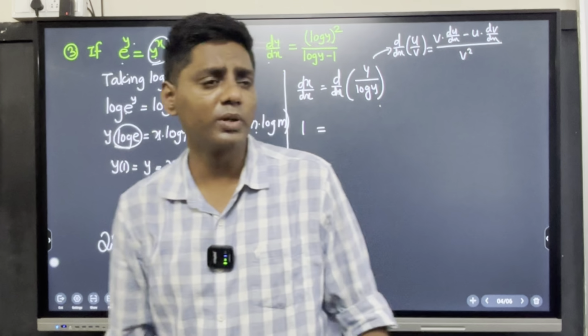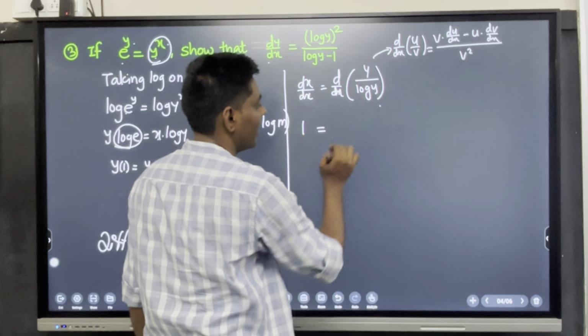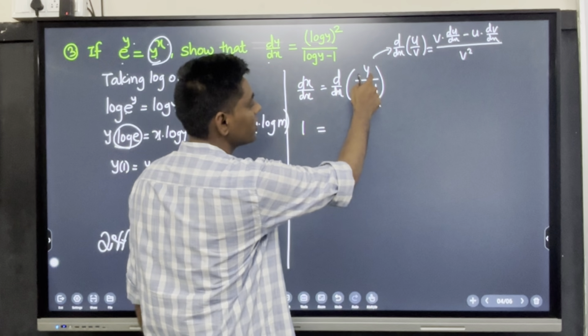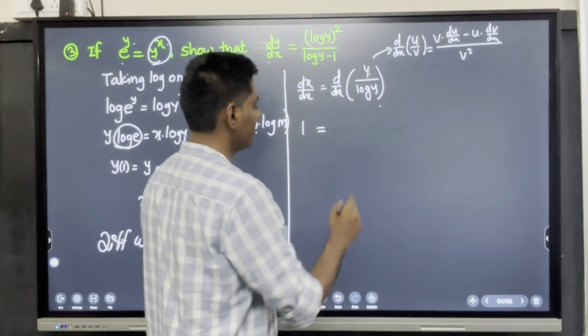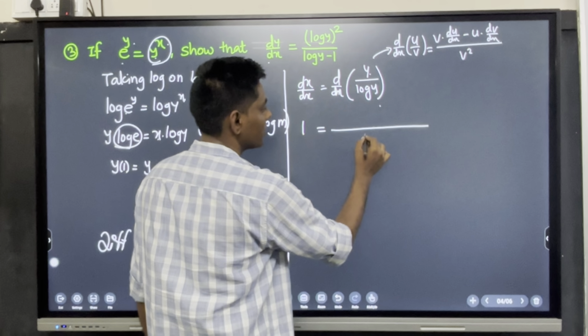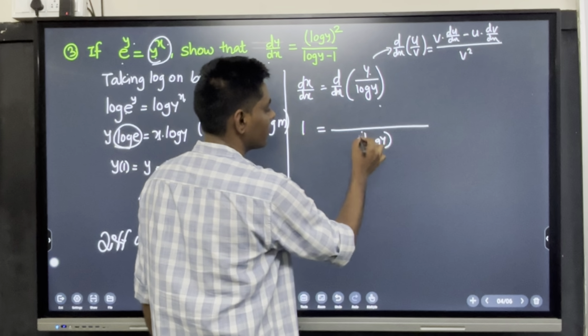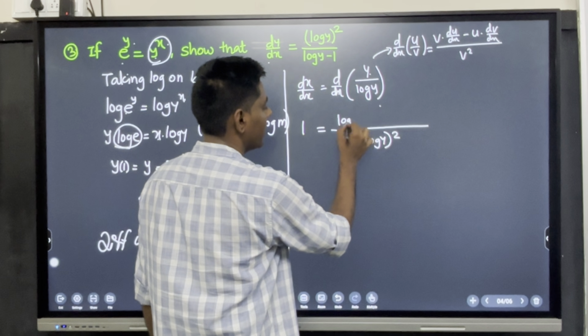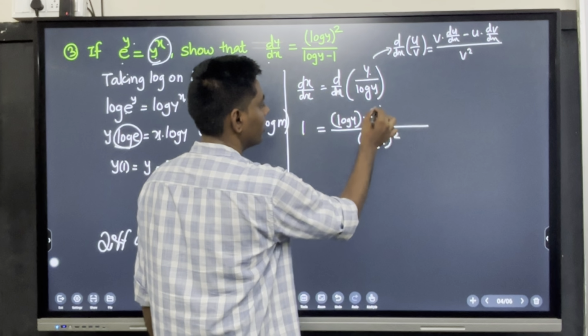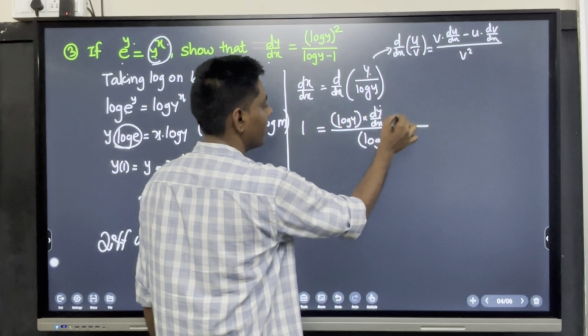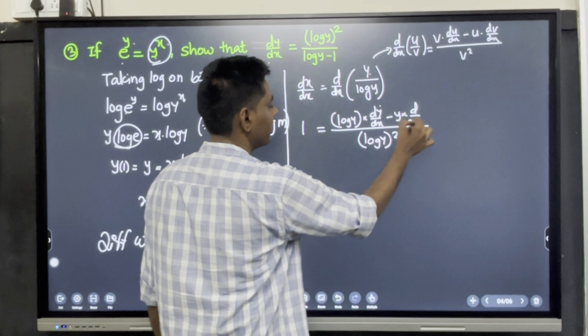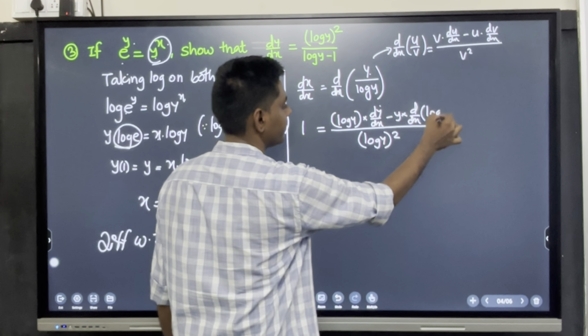You should remember the formula by now. Apply that formula as it is. u means y and log of y is completely v. So we solve similarly. So log y bracket square, log y as it is, take the derivative of y, that is dy by dx, minus y as it is, and take the derivative of log of y.